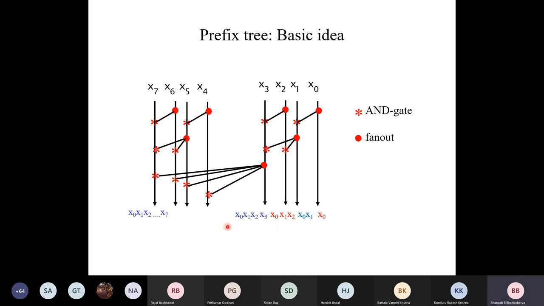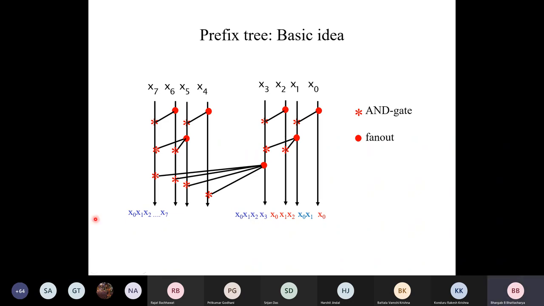If we want to generate these prefix terms serially one by one, then the delay is linear. But if you use this architecture, this kind of structure, what would be my cost, delay, and fan out? When the inputs run from 0 to n minus 1, I have n input variables here. This is a very nice structure, right?